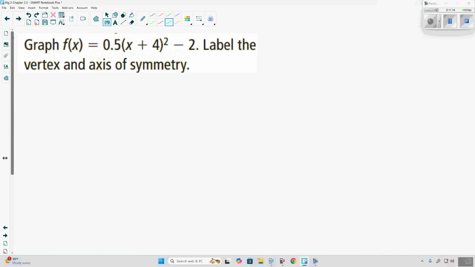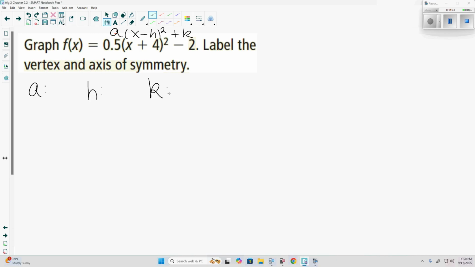Let's look at this next one here. A, H, and K. So the general form for vertex form is a times (x minus h) squared plus k.